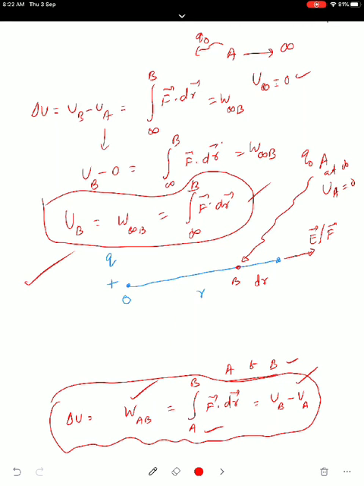Okay, Mohammed, tell me. Not unit positive charge, any test charge, from infinity to the point, integral of F vector dot dr vector. This is potential energy at any point.